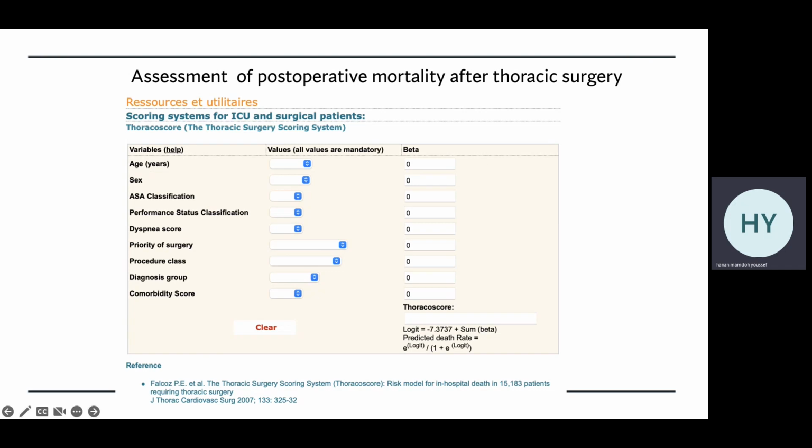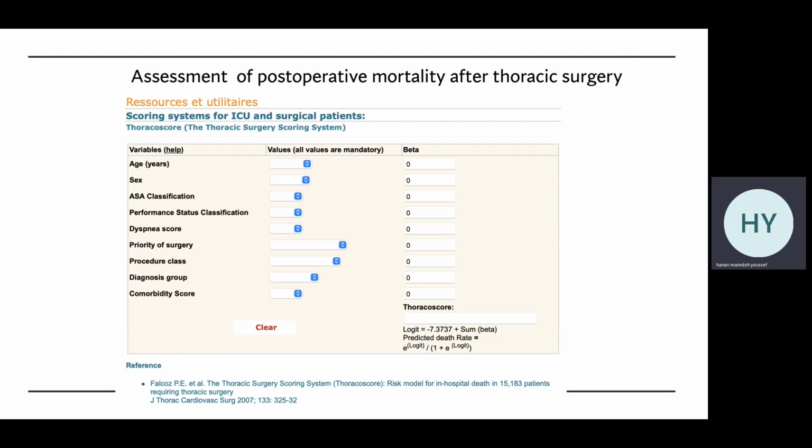If you Google it and go through the calculator online, you will find it here in the procedure class: it is pneumonectomy or non-pneumonectomy, which is not very representative of the patient's risk factors. It just classes all procedures as pneumonectomy or non-pneumonectomy, which includes anything apart from pneumonectomy. That could be a mediastinal mass, could be an esophagectomy, could be any other procedure, which is not very accurate.